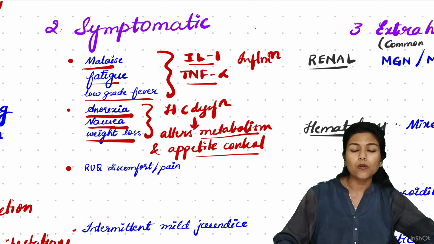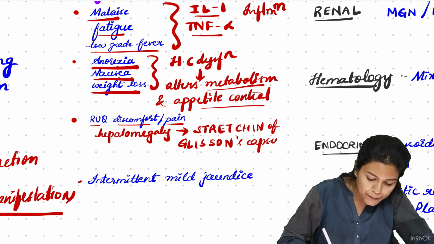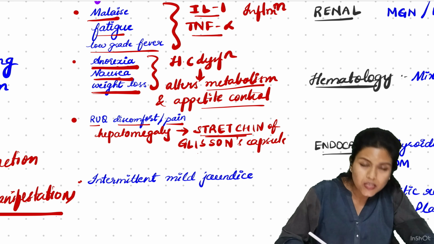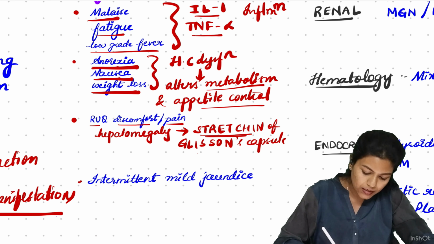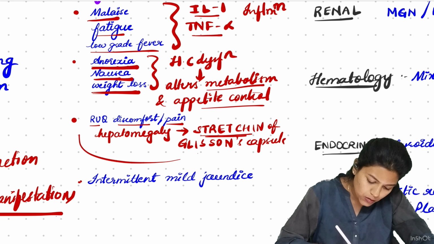Glisson's capsule. Because of this stretching, the pain receptors get activated. That is responsible for the right upper quadrant discomfort or pain. It is because of stretching of Glisson's capsule because of hepatomegaly.